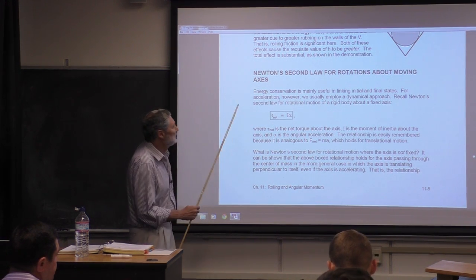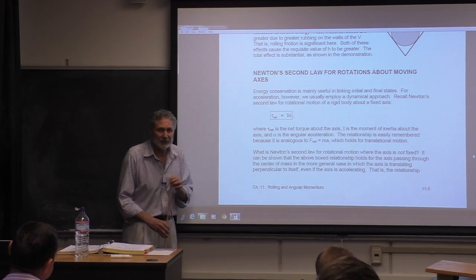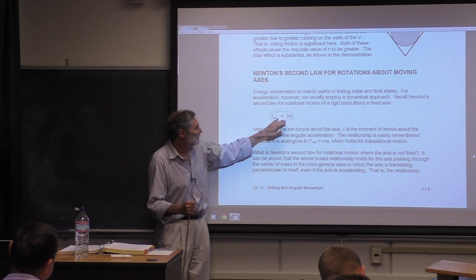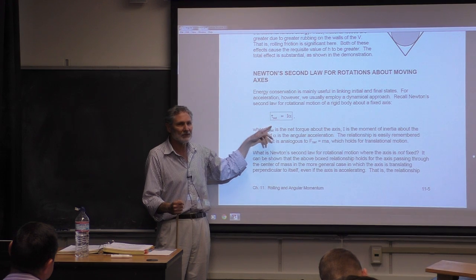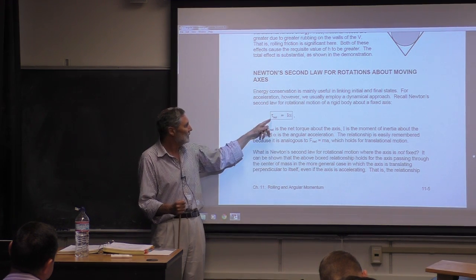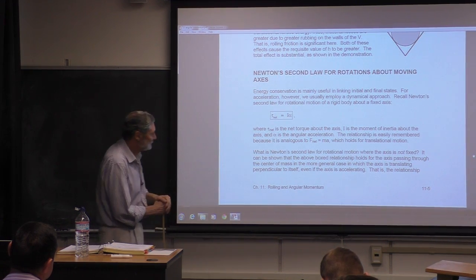And you remember from last chapter that here's Newton's second law for rotational motion about a fixed axis. The net torque is the moment of inertia about the axis times the angular acceleration. It's easy to remember because it's exactly analogous to translational motion. Instead of force equals ma, it's torque equals I alpha.